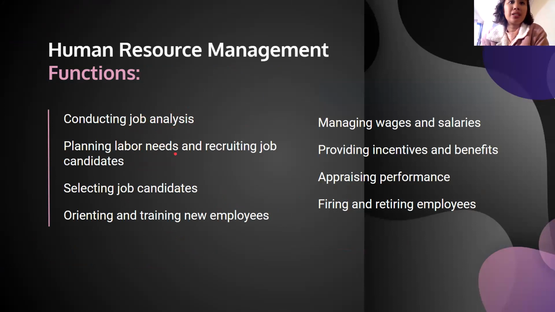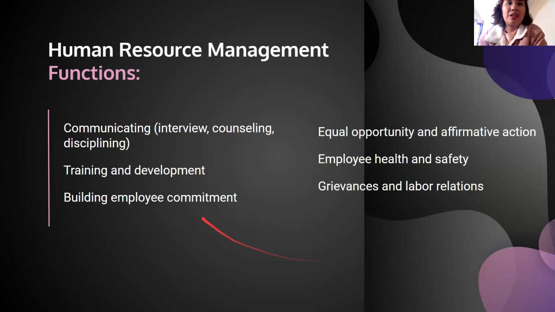Planning labor needs and recruiting job candidates, selecting job candidates, orienting new employees, managing wages and salaries, they provide the incentives, they evaluate the performance, and they are the ones who fire and retire employees. What else? Communicating, interviews, counseling, disciplining.